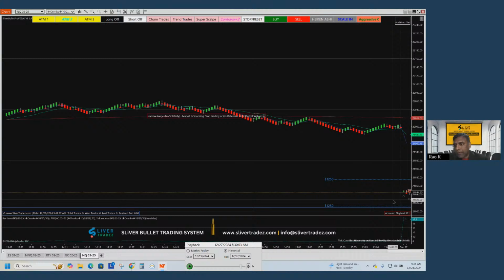I'm seeing a gap of about 135 points, or 150 points, 155 points. So big gap. So it's most likely a downtrending market today. So I'm going to take short trades.